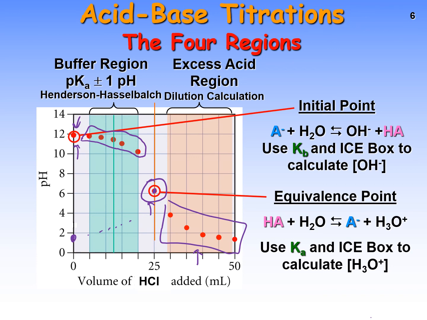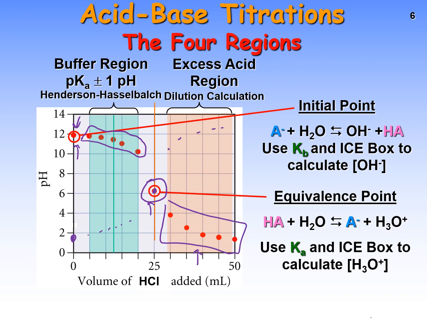At the equivalence point, you use the Kb because all you have left is weak base, get the OH minus concentration, take the negative log, get pOH, then get pH. And in the excess base region, we use a neutralization step, figure out how much strong base is still present, get the OH minus concentration, pOH, then pH.